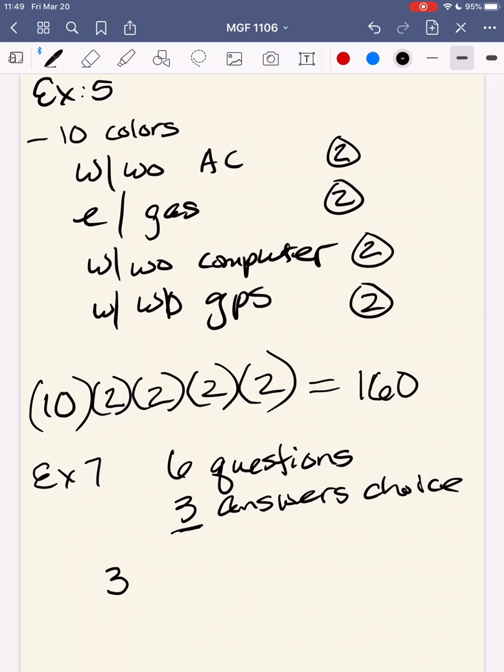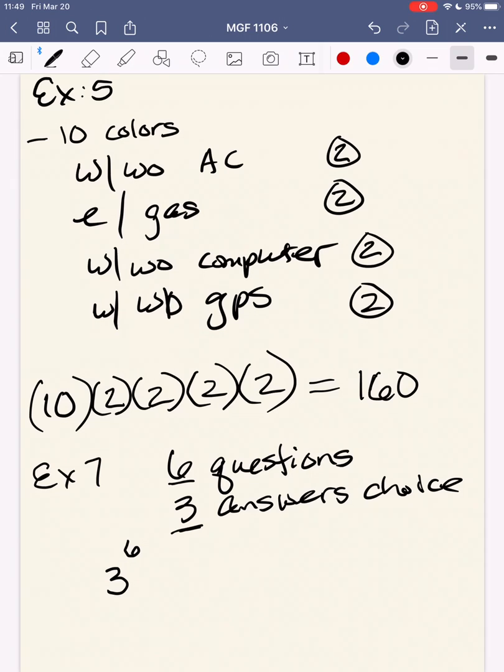Because they're successive and each one has the exact same choices, A, B, or C, take that to a power of 6. So instead of multiplying these 3's by themselves 6 times for each of the 6 questions, we're just going to use it as a power. So 3 to the 6th power.